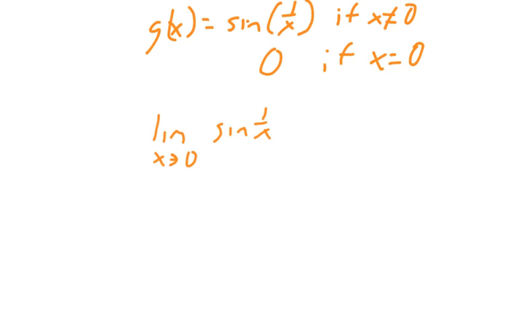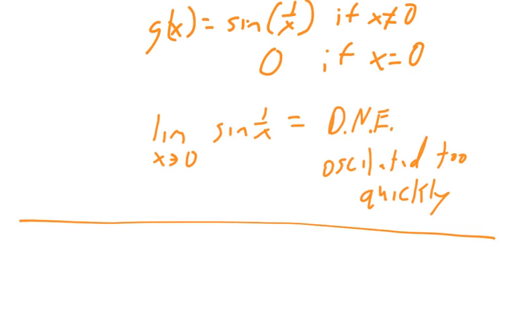And if the answer turns out to be 0, then we have ourselves an answer. The unfortunate part is when we learned about this problem in 1-3, we said it did not exist because it oscillated too quickly.